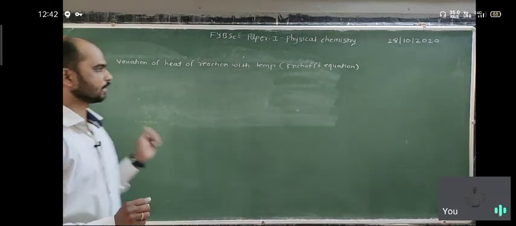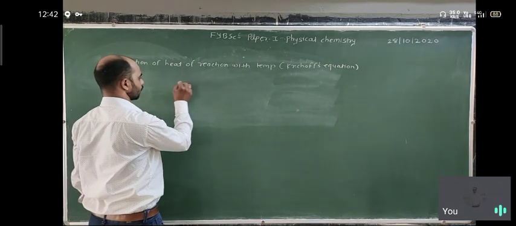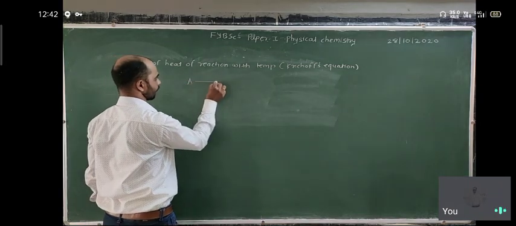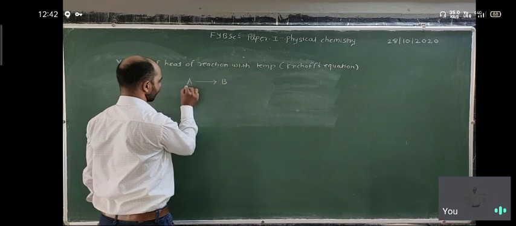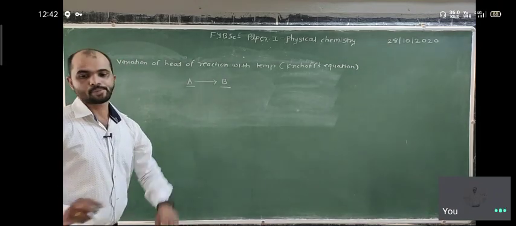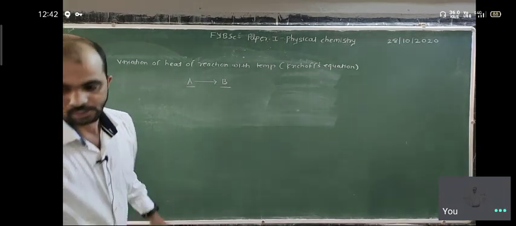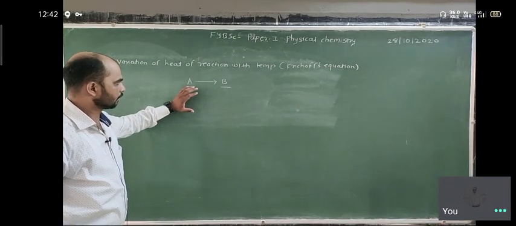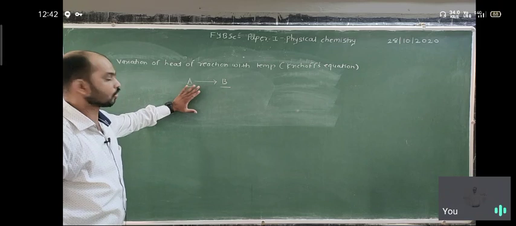So let us consider a simple reaction where A converts into B. A is the reactant, B is the product. The reaction is carried out at constant pressure.